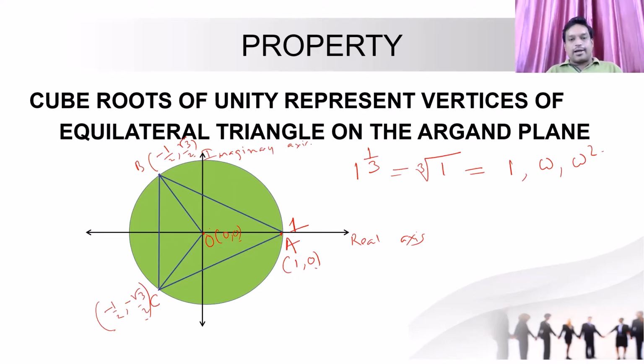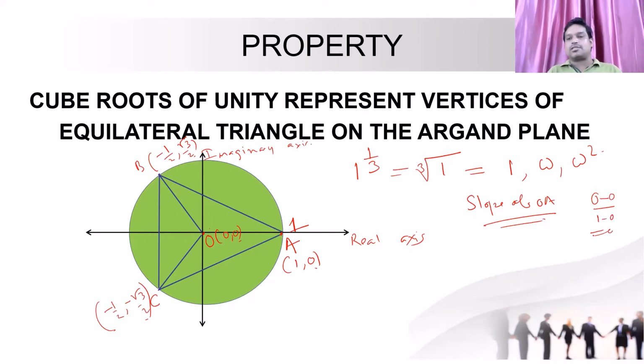So now, to prove that the triangle ABC is an equilateral triangle, we first find the slopes. The slope of OA is equal to (0 minus 0) divided by (1 minus 0), that is 0.